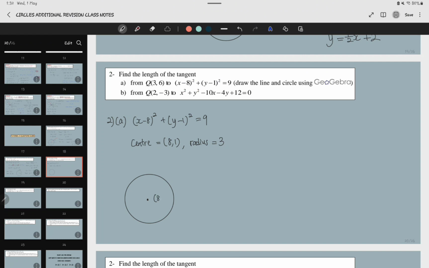Here is your center, 8, 1. Now the question is, is the point outside or inside? That is the question here. So you have to find the distance QC. How do we find it? Square root, same as before. And the center is 8, 1, and then 3 minus 8 squared. So you would get square root 50 for QC. Square root 50.